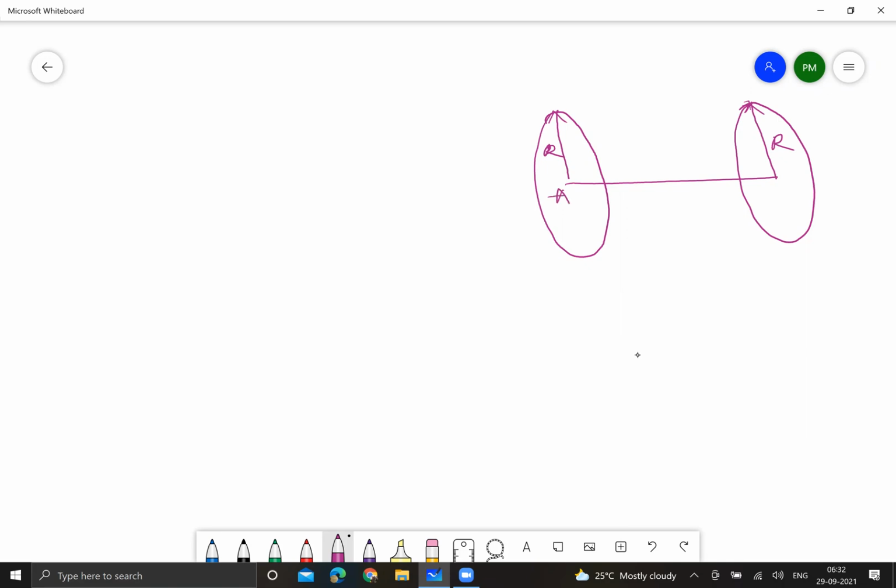There are two thin rings, each of radius r, which are coaxial with charges q and minus q.